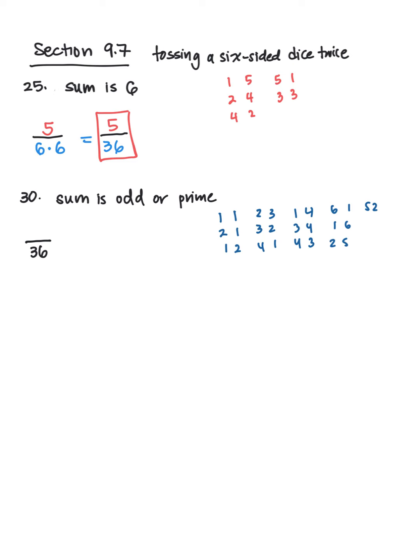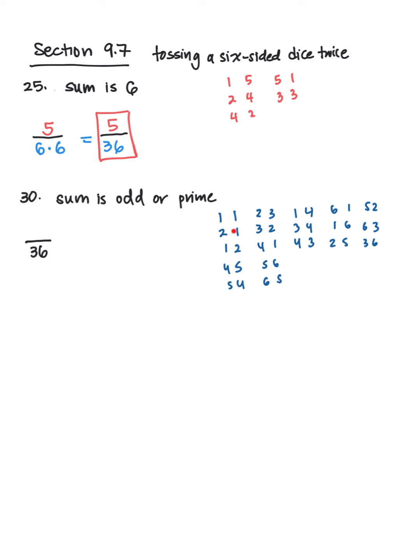Is that all the 7s? Okay, how about 8? Nope, 8's not odd or prime. 9 is odd. 10, no. 11 is odd and prime. 12, neither odd nor prime. So I think I got them all.